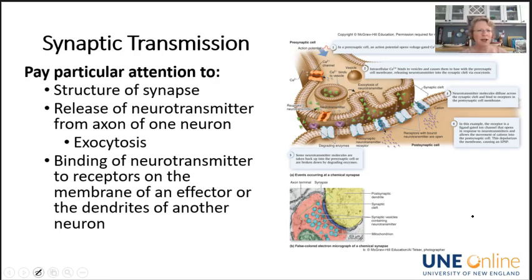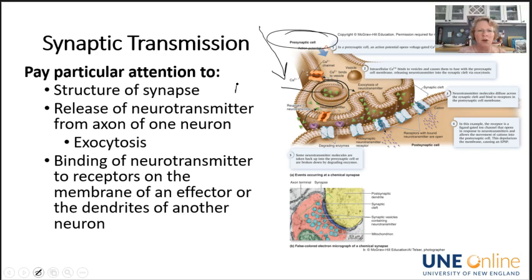With synaptic transmission, pay particular attention to the synapse, the release of the neurotransmitter, and the binding. So the information is coming down the axon here of our presynaptic cell. And when that action potential reaches the presynaptic axon terminal, it's going to cause the opening of these gates and also the release of neurotransmitters.